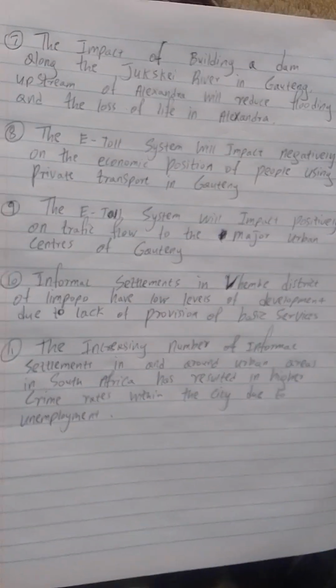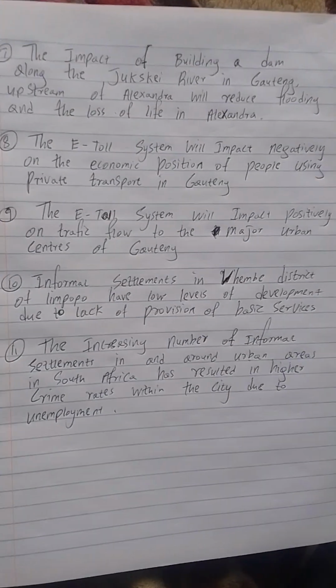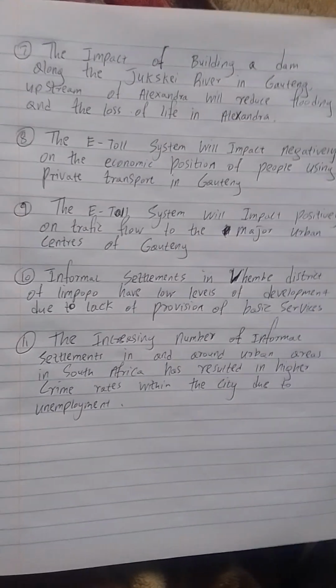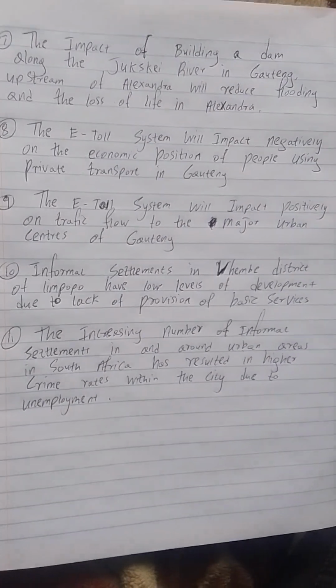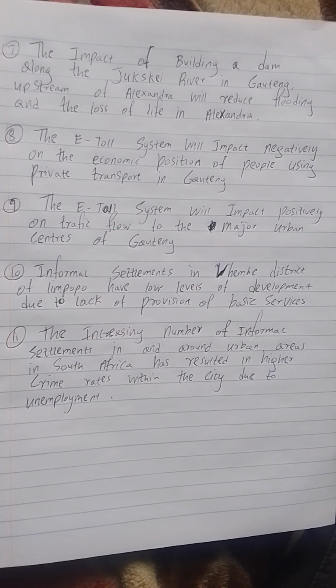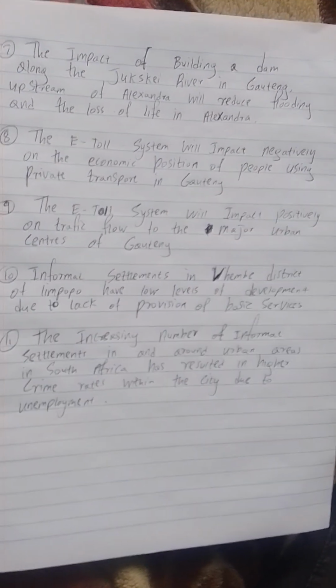So with this topic it is very important to choose wisely, and then this research task will be recorded, and it will assist a lot in term 4, especially in grade 12. You know the procedure.